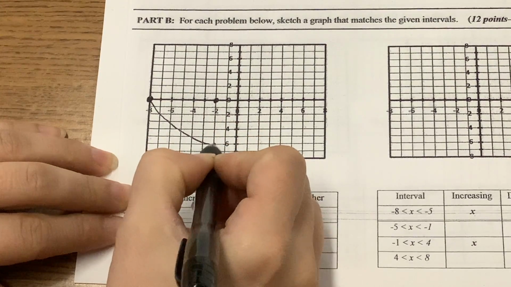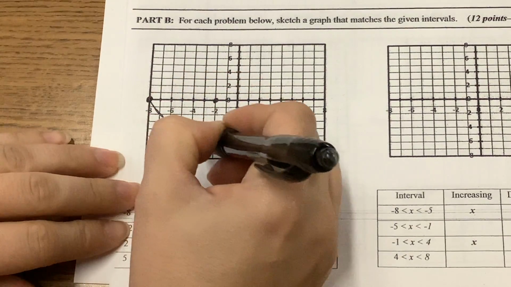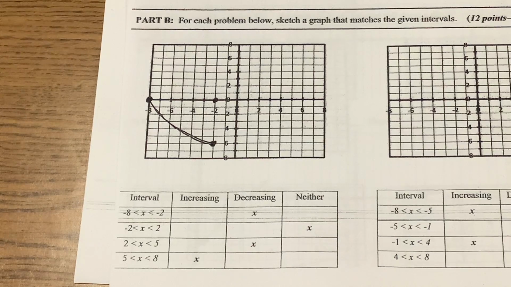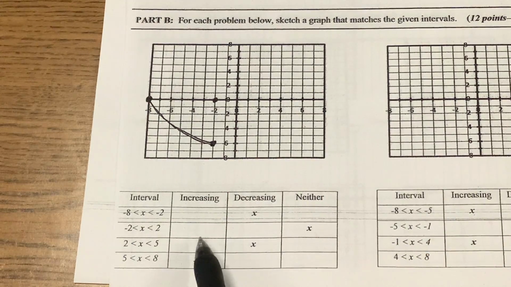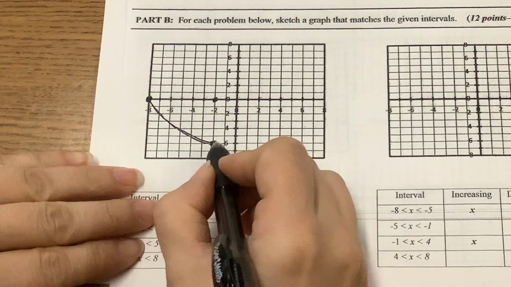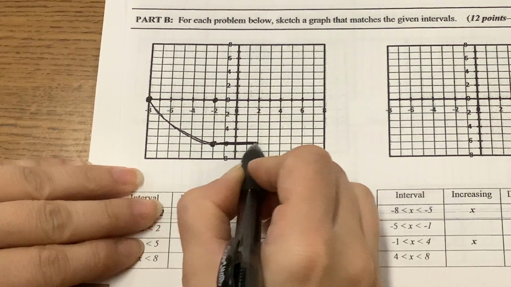So that's a decreasing line. So I went from here to here. That's decreasing. So I did that. Now from -2 to +2. So from here to right here at +2, it needs to be doing what? It says neither. What does that mean? Go straight across. A flat line. All the way to +2, right?